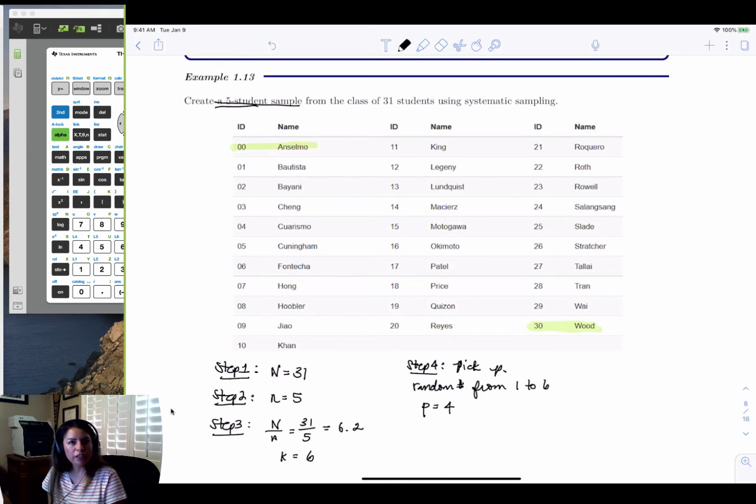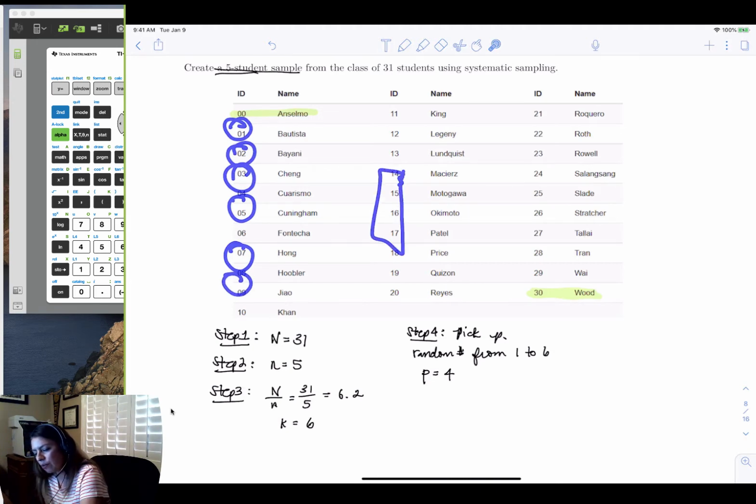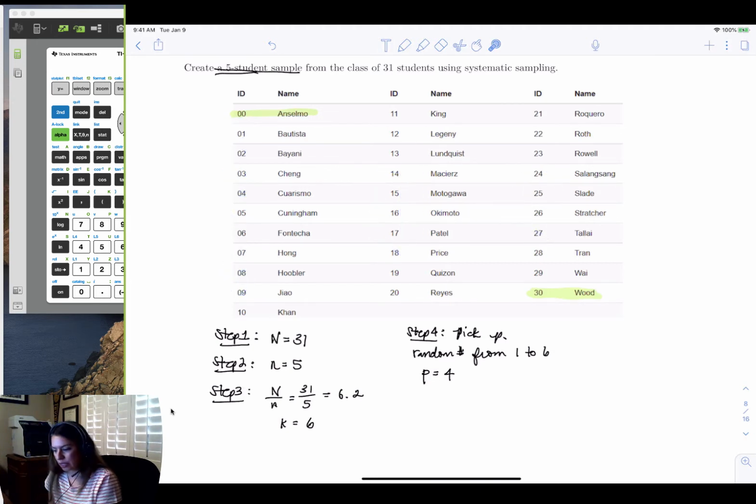I'm assuming you picked 4 too. And now we're able to select the students. What we're doing here is selecting the number that's assigned to them. Whatever we calculate in step 5 will be these numbers here, and we're going to select those students. So let's go to step 5.